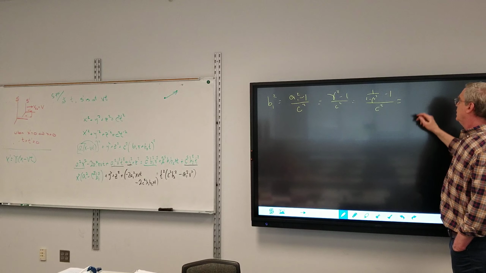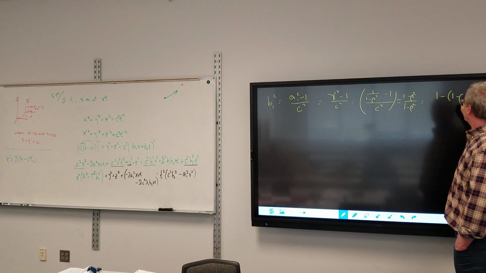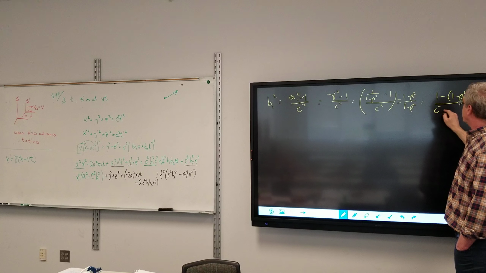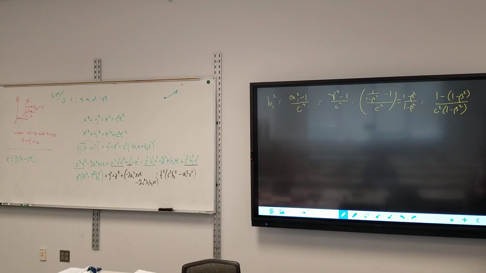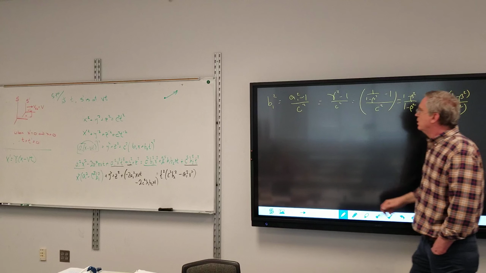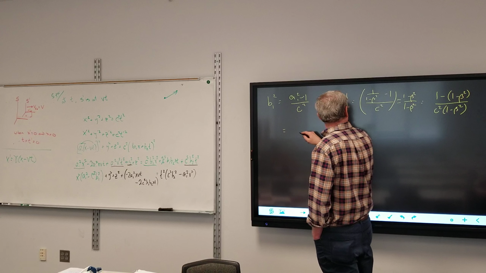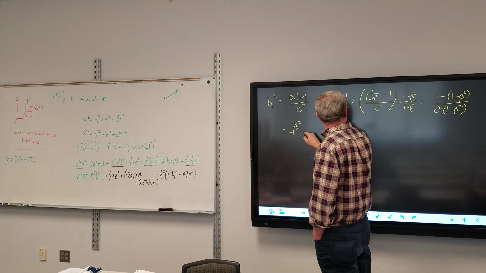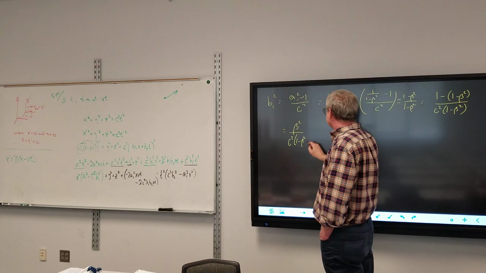If I multiply top and bottom by 1 minus beta squared, I get 1 minus beta squared over C squared times 1 minus beta squared, which equals beta squared on top, and on the bottom, C squared times 1 minus beta squared.